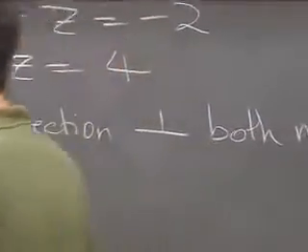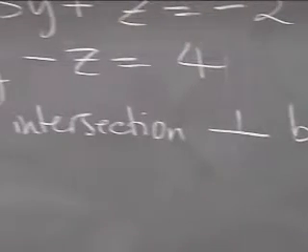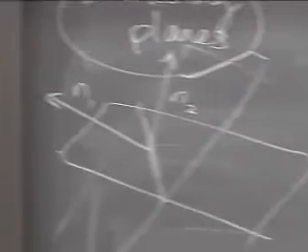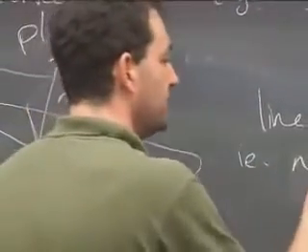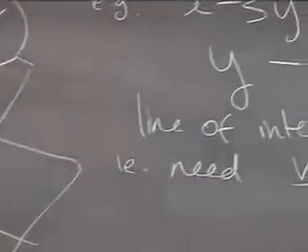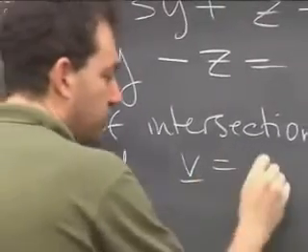Well, given two vectors, how do I find a vector that's perpendicular to them both? Cross product. So I need my direction vector v to be the cross product of the normals.